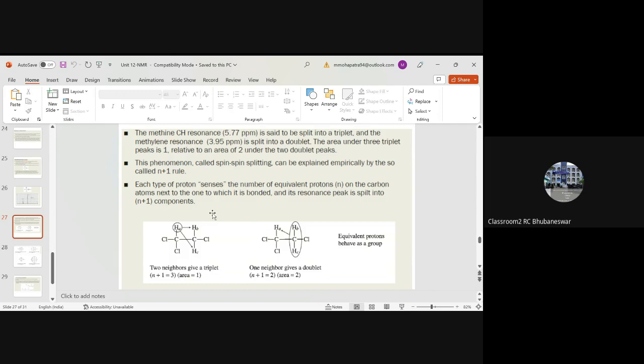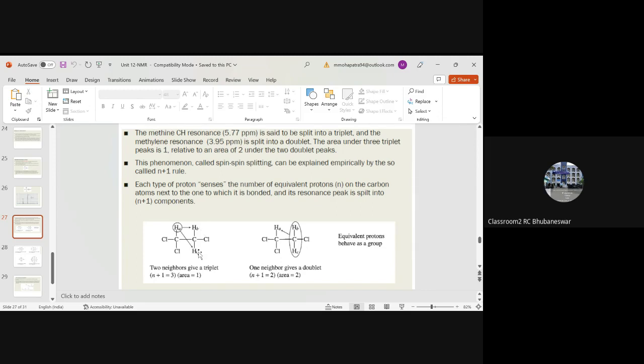Each type of proton senses the number of equivalent protons n on the carbon atoms next to the one which it is bonded to. Here, in the first figure, this HA is near to how many other protons? HA is near to HB and HC.